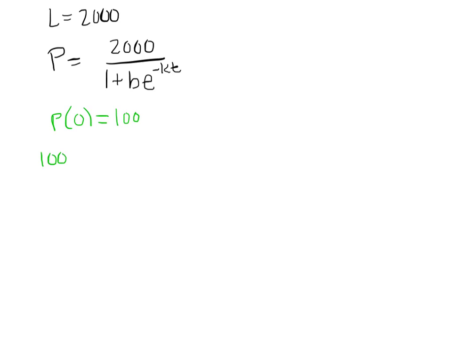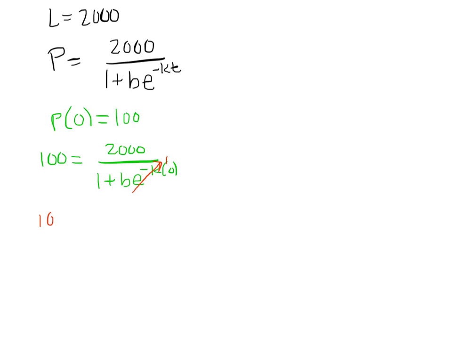So I'm going to plug in 100 is equal to 2,000 divided by 1 plus Be to the negative k, and I know that my time is 0. Because I have 0 times the negative k, anything raised to the power of 0 gives me 1.